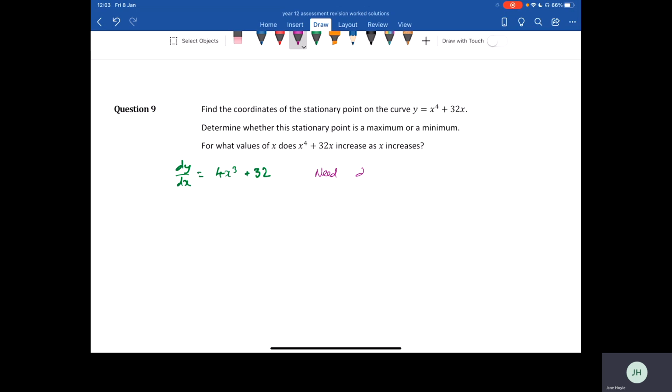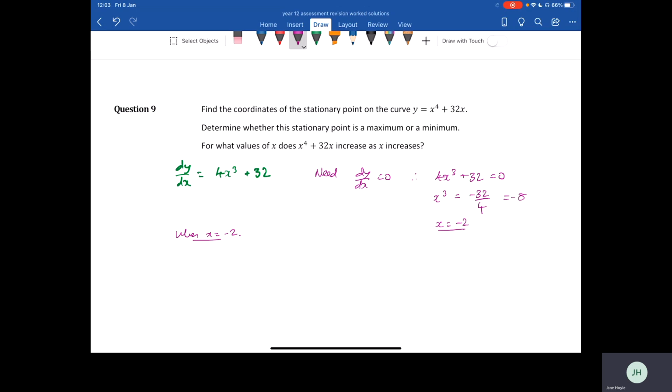I need dy by dx equal to 0 for a stationary point. So 4x cubed plus 32 is equal to 0. X cubed will be equal to negative 32 over 4, negative 8. So if I take the cube root of that, I've got one stationary point, and that occurs when x is equal to negative 2.